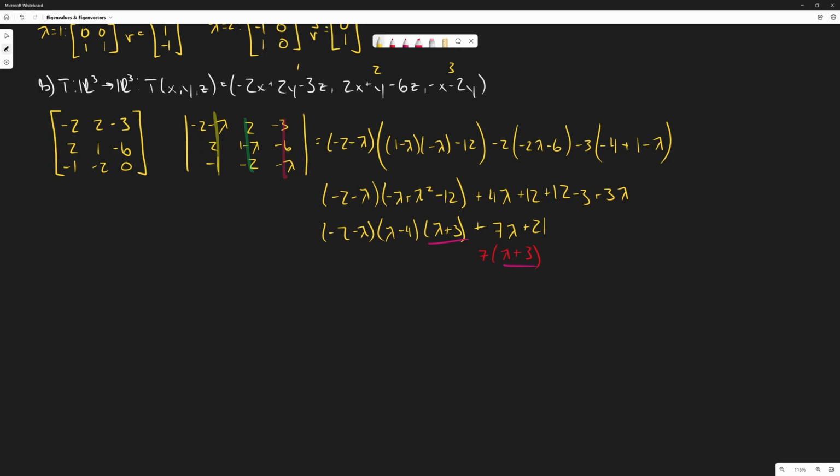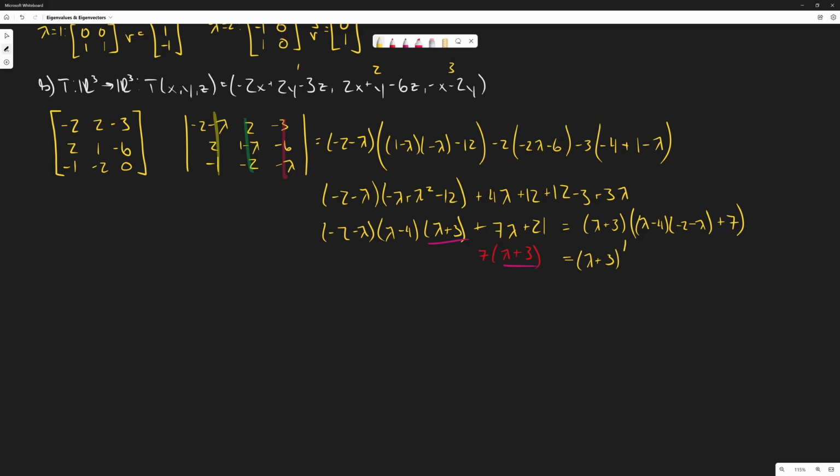So we are left with lambda plus 3 times lambda minus 4 times negative 2 minus lambda plus 7. And so the lambda plus 3 stays.